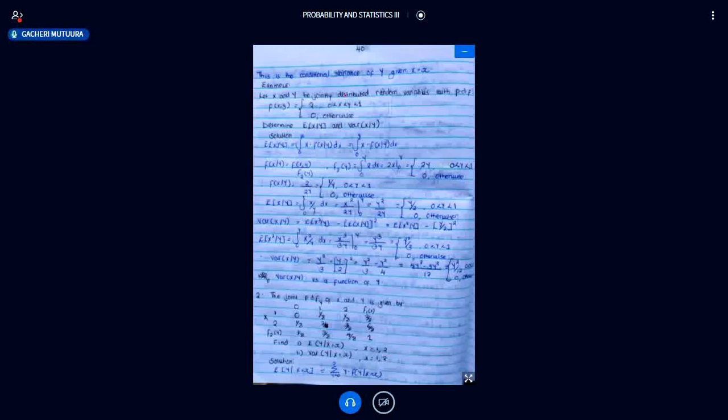We are expected to obtain the conditional expectation of x given y, and the variance of x given y. Since we are asked for x given y, you're going to do, as an exercise, the expectation of y given x and the variance of y given x. So for now, we will deal with x given y.